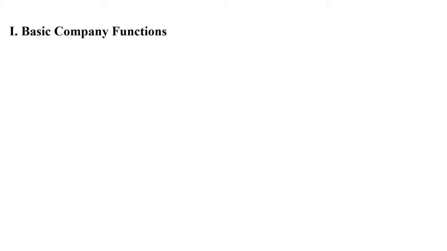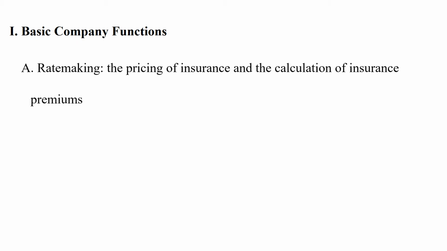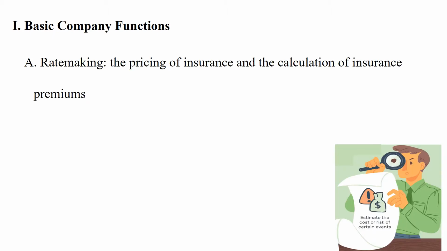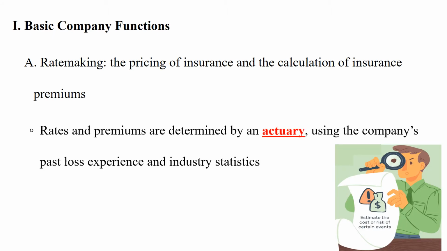Since insurance companies sell insurance products, there must be a department responsible for product prices. And we call the pricing of insurance products rate making. And these rates and premiums are determined by an actuary.